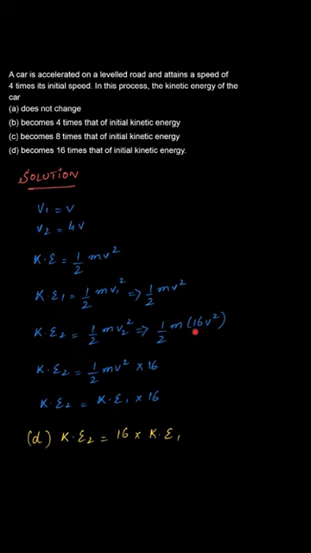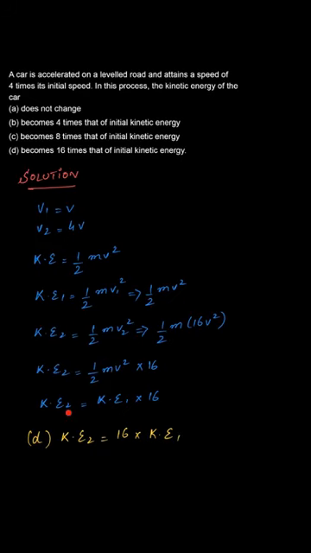It becomes 16 v1 square. Now KE2 is 1/2 mv1 square into 16. So KE2 is actually equal to 16 KE1. See, 1/2 mv1 square is actually KE1, right? So in place of 1/2 mv1 square we have written KE1.